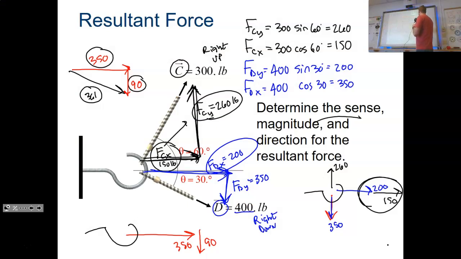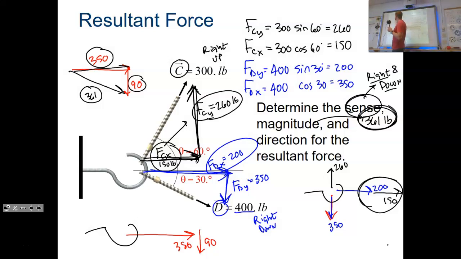So what's the magnitude? 361 pounds. What's the sense? The sense is right and down. It's being pulled to the right and it's being pulled down.